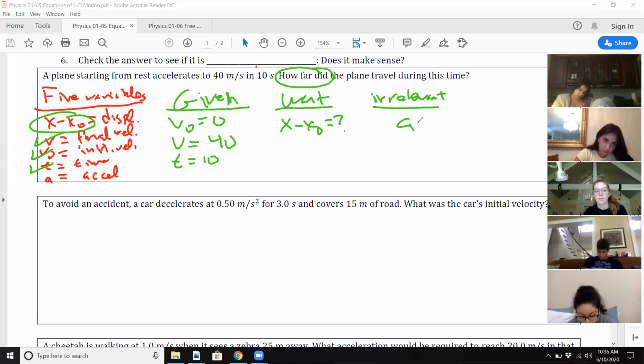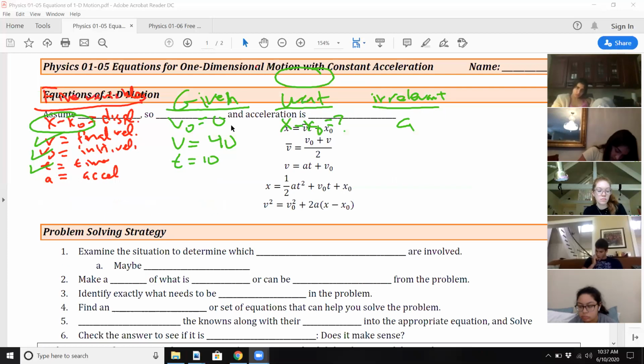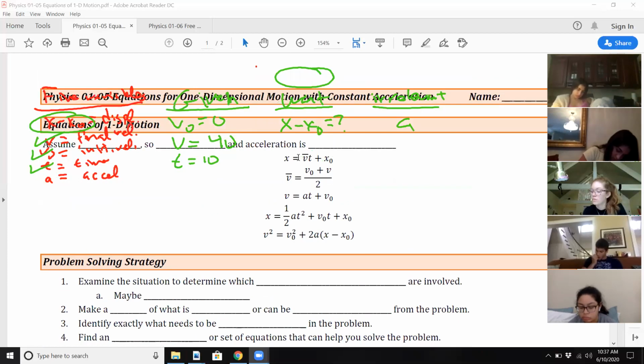So now let's go to our kinematic equations here. We have 5 different equations. Usually, I'll tell you right now, you're going to ignore this one right here.